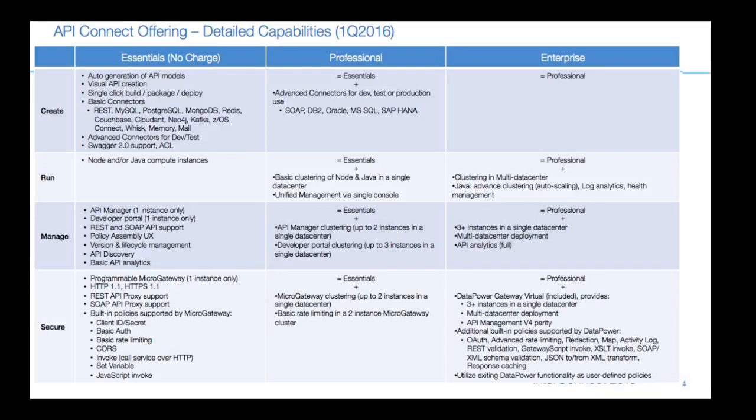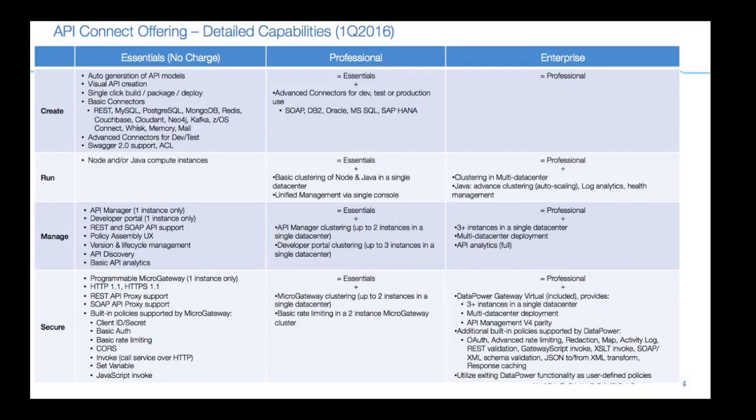But also there is an APIM component which must be obtained through the download site for Passport Advantage. But with the Essentials, we talk about down at the bottom, the secure. These are the policies that you get with the micro gateway.